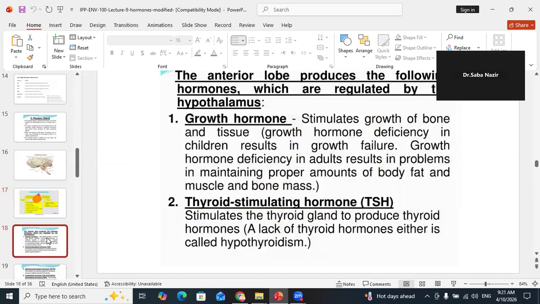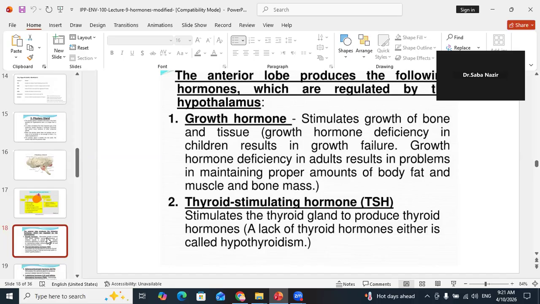Now, growth hormone, as the name suggests, stimulates the growth of the bones. And if this particular hormone is not in sufficient amount, it will cause growth failure, and proper body fat or muscle mass will not be maintained.